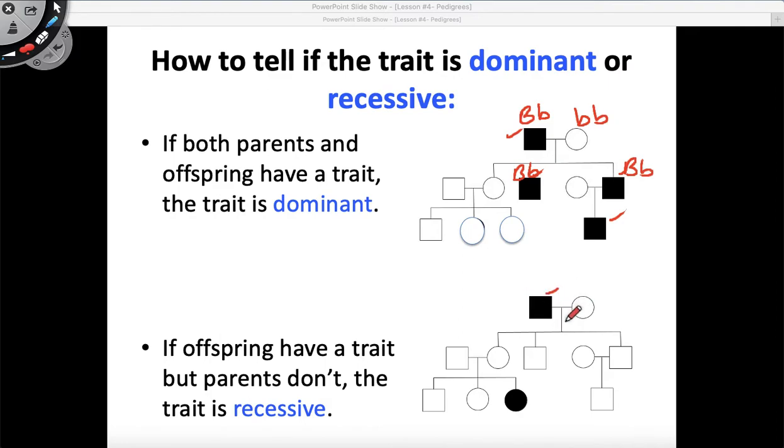In this particular instance, for example, if the condition is recessive, then we would think of this shaded individual as little b, because the condition is recessive. And then notice that in the second generation, no one has the condition, right? And it skips until the third generation.